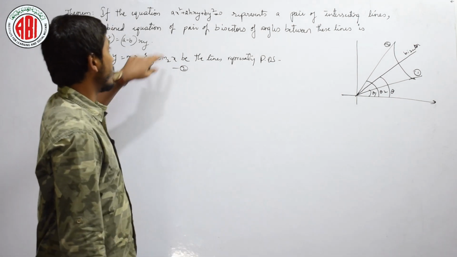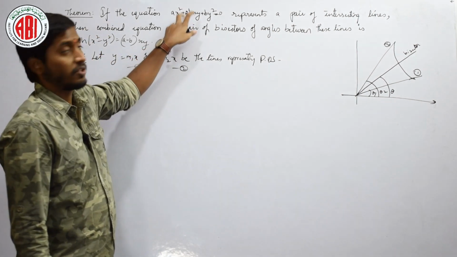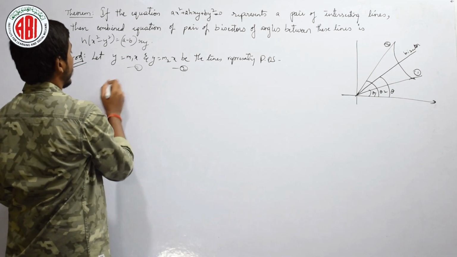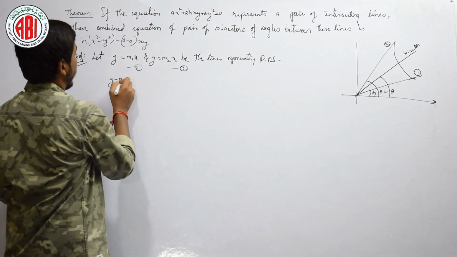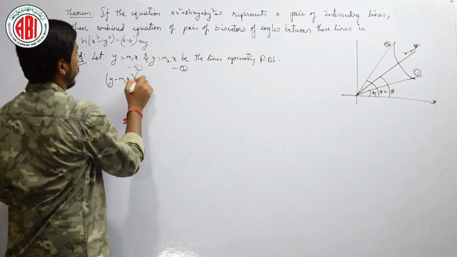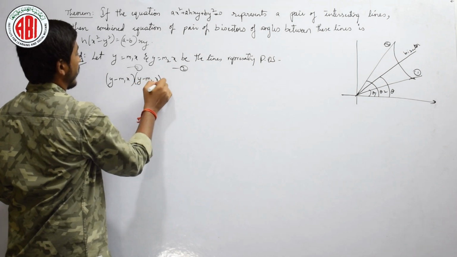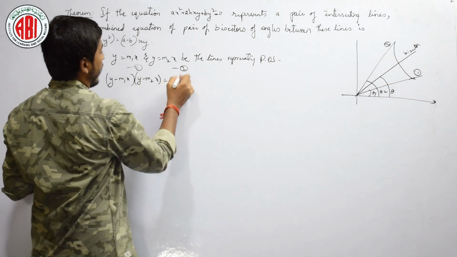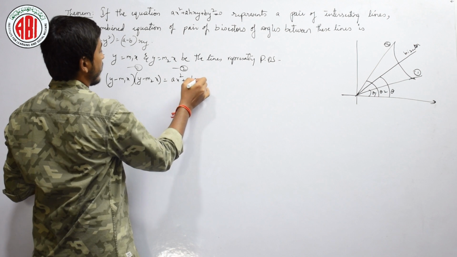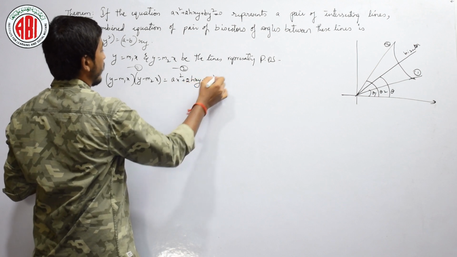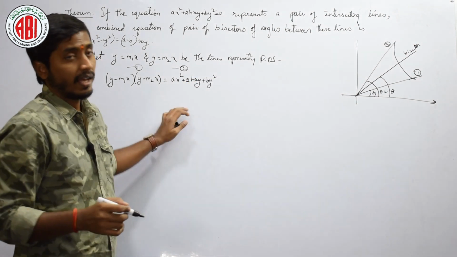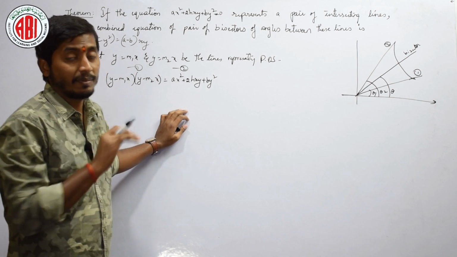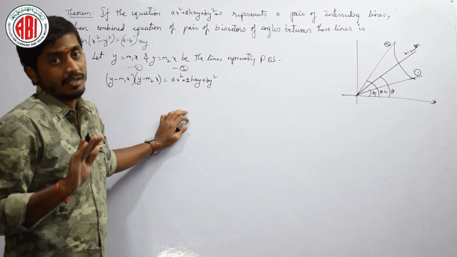If we multiply these both, what should be the equation? It should be this. Let us multiply and see. That is, y minus m1x into y minus m2x is nothing but ax square plus 2hxy plus by square. I already told this will be the first step in most of the pair of straight lines solutions.